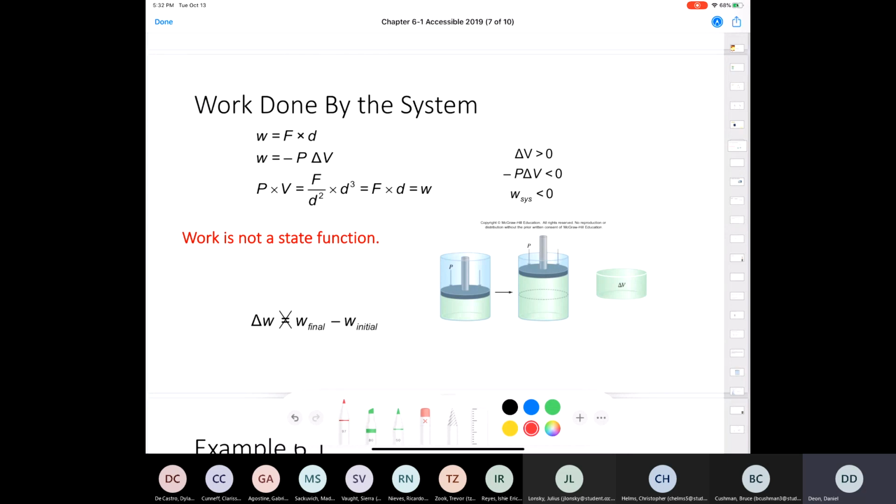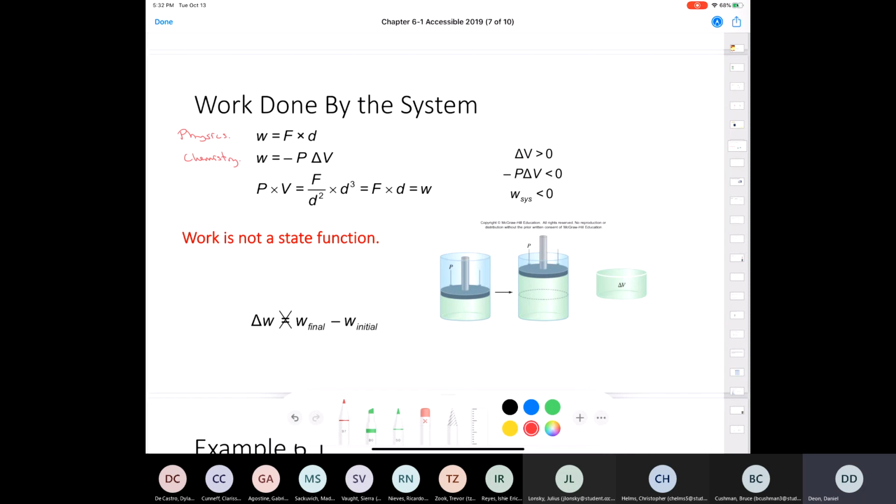If work is equal to force times distance, and this is more the physics way of looking at it, in chemistry we think, well, work done by a system is equal to negative the pressure of the environment where the reaction is being done times delta V.